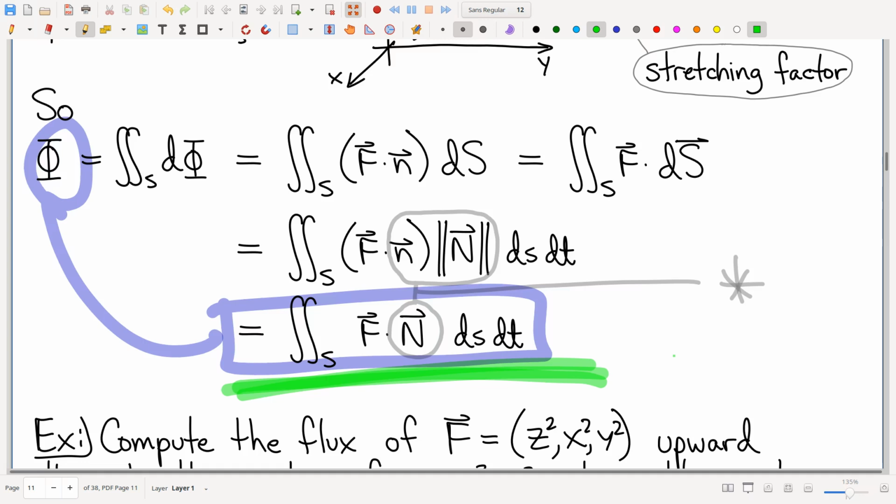Do I get to pick any parameterization I want? It seems like that would give me different answers. Surely there's a right parameterization. Mostly, it doesn't matter. There's an asterisk, right? But mostly, the parameterization is irrelevant.